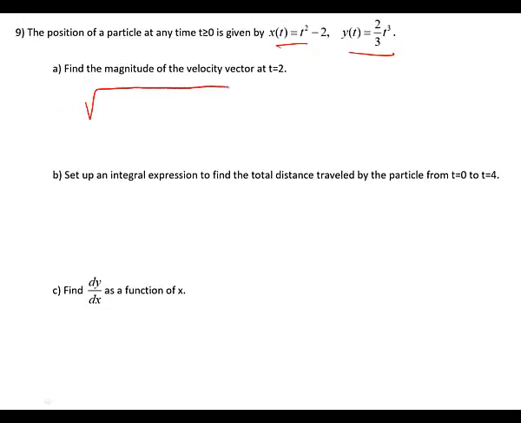Okay. So what's the derivative of the x component? 2t, and then I square it because we're looking at magnitude. Plus, what's the derivative of the y component? Well, the 3 is going to go in front, right? What's going to happen with the 3's? It'd be 2t squared, squared.